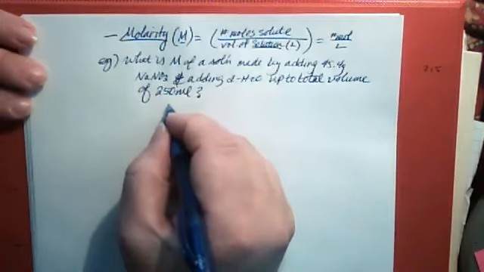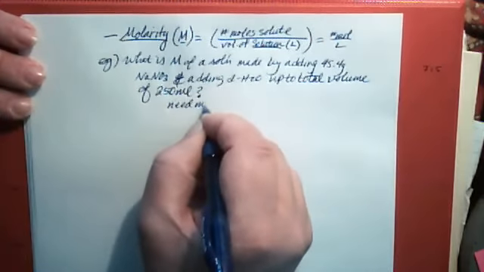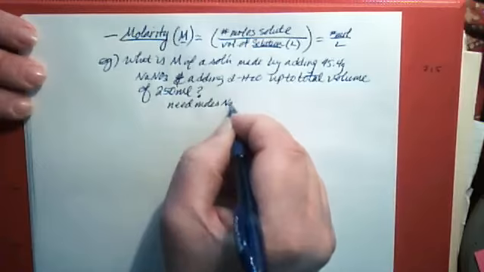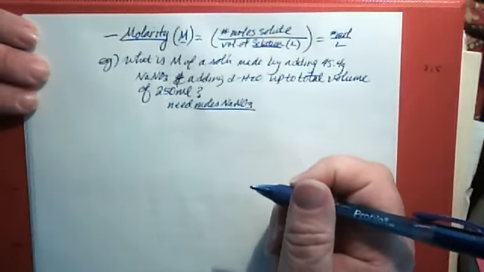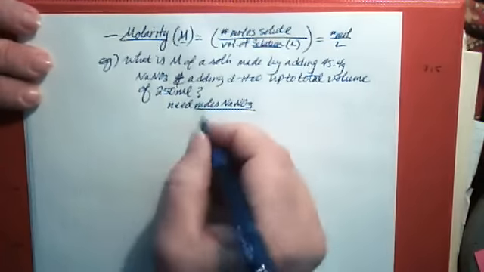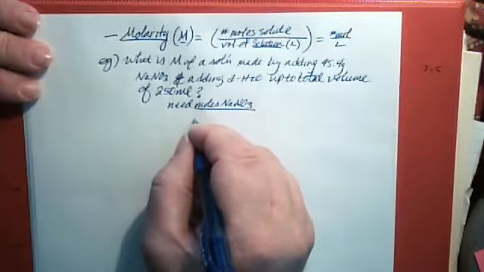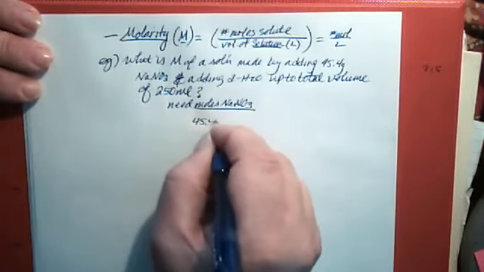So the two things we need here would be moles of the solute, which is the NaNO3, and that would be 45.4 grams.